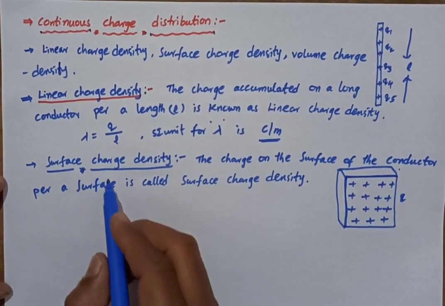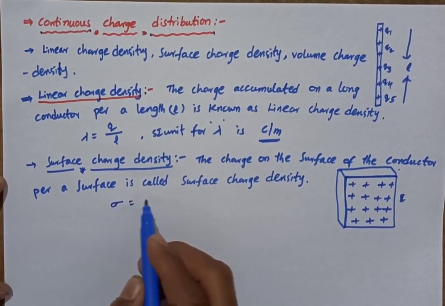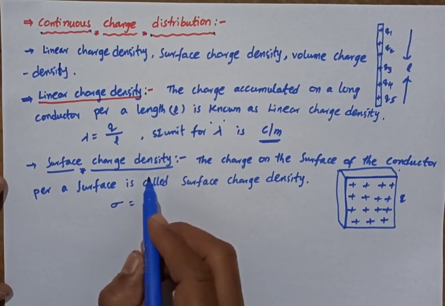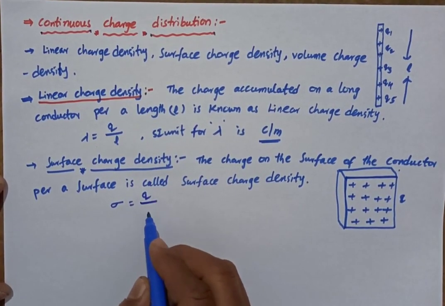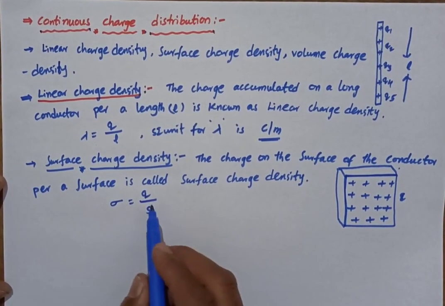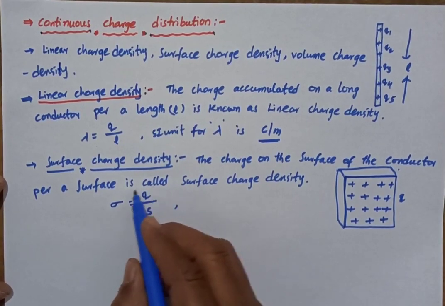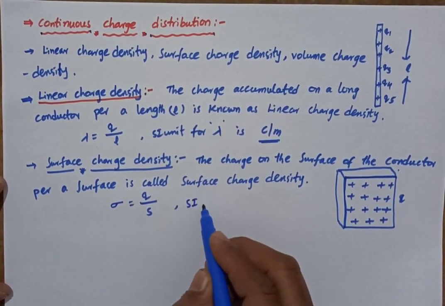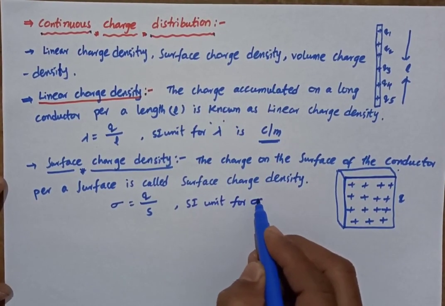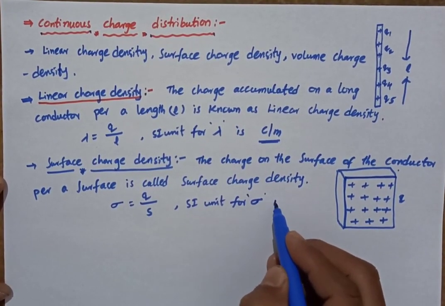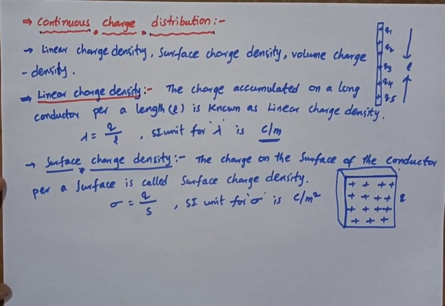It is denoted by sigma: surface charge density sigma equals q by S, where S is the surface area. Then the SI unit for sigma is coulomb per meter square.